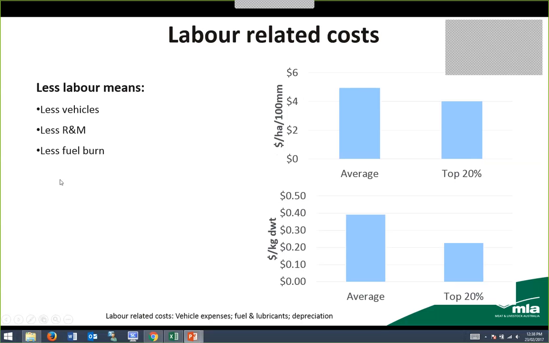And as soon as you've got another two vehicles, you've got more expense. So the point I'm making here is think about whether you really need the next man. Can you do more with less vehicles? So less labour, really this comes back to labour efficiency again. Less labour means less vehicles, less R&M and less fuel burn.